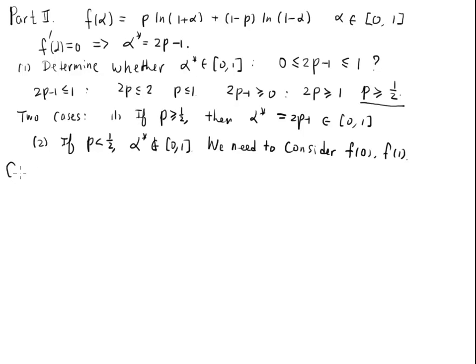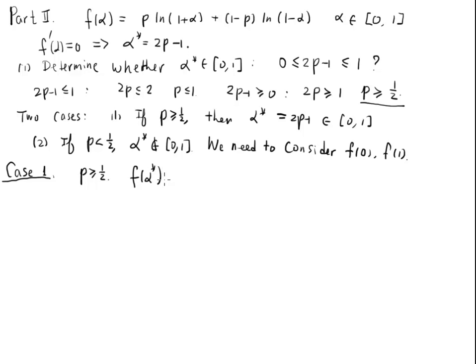So this is the case 1. Case 1 over here is the parameter region. We say p is bigger than or equal to 1/2. And then we have alpha star inside, so we need to calculate this f of alpha star.